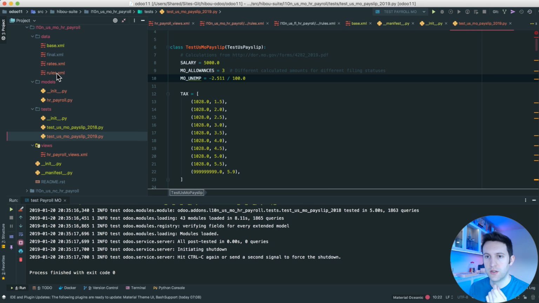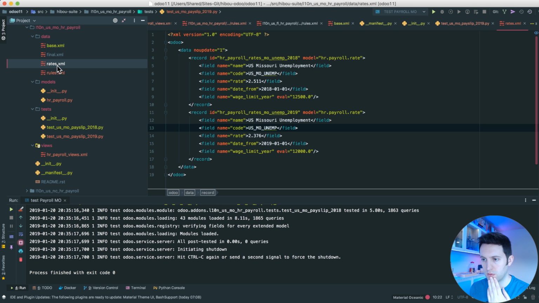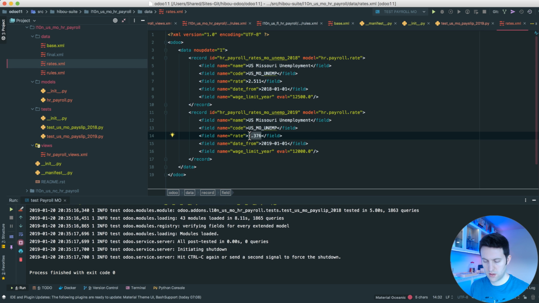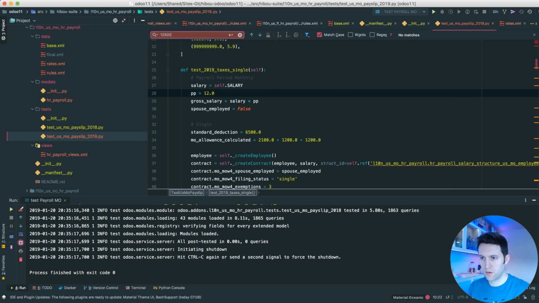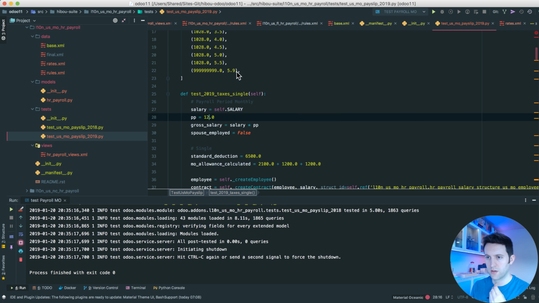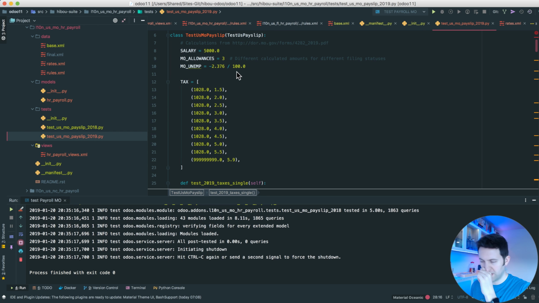Going to bump this up to our new rates, which is 2.376, and any of the 12,500 will reduce as well. So let's go find that. And we didn't have any instances of 12,500, but I find that to be suspicious.